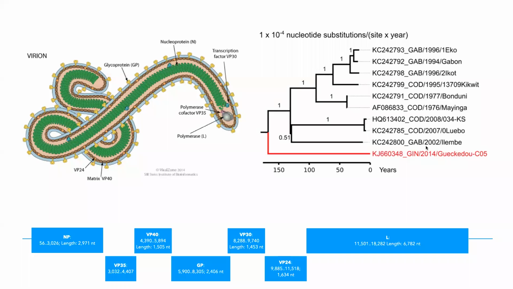Okay, so how do we then interpret this phylogenetic tree? The phylogenetic tree, as we said, seeks to show us distance in terms of evolutionary time and link that evolutionary time to real time. Since we know the real time of sample collection, how do we understand how they are related?